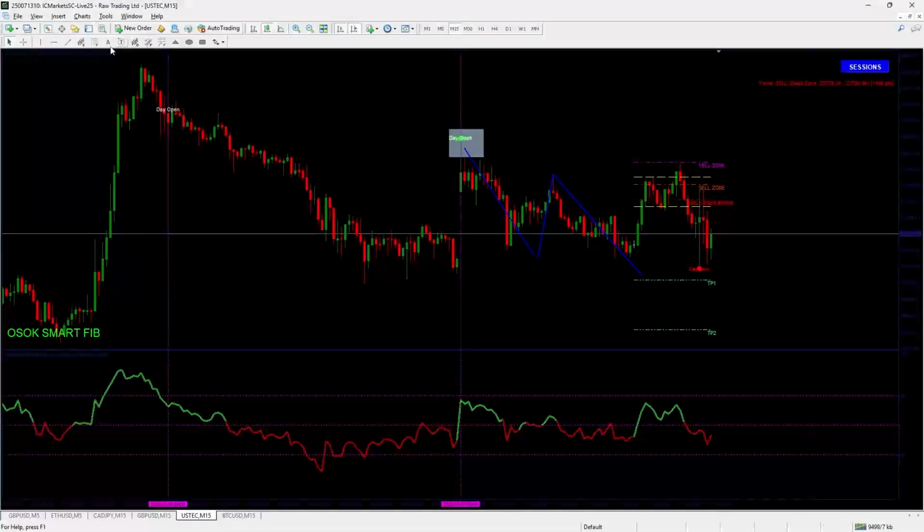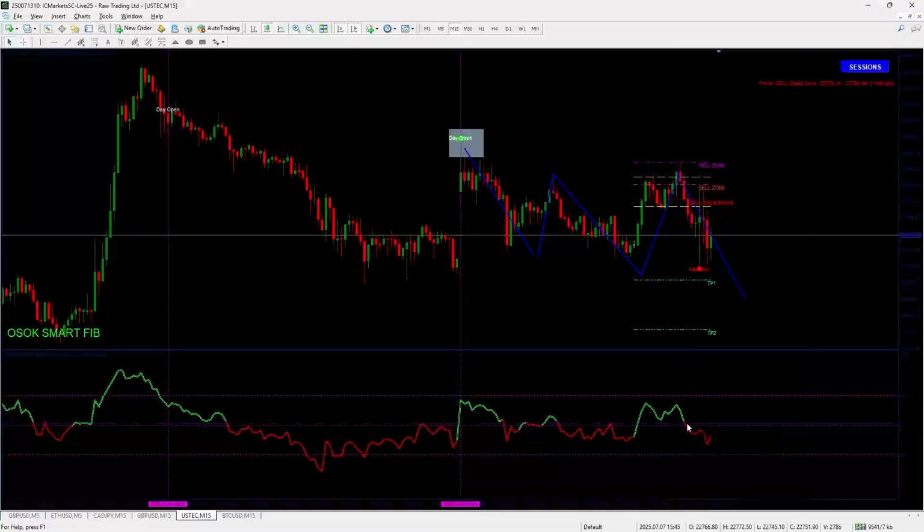So we want a market that's going to be moving away from the day open. So as you can check, you see here, price gave us a sell zone, then it crossed below this 50 and went down.